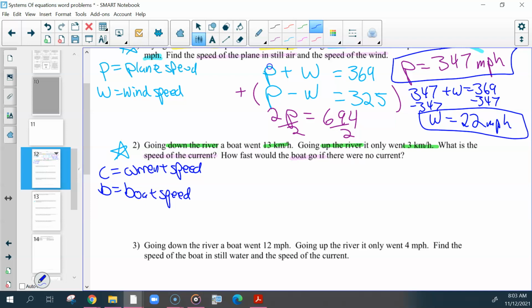So when I say current speed, I'm not talking about actual speed right now. I'm talking about the river. If you need to, put in parentheses, river.